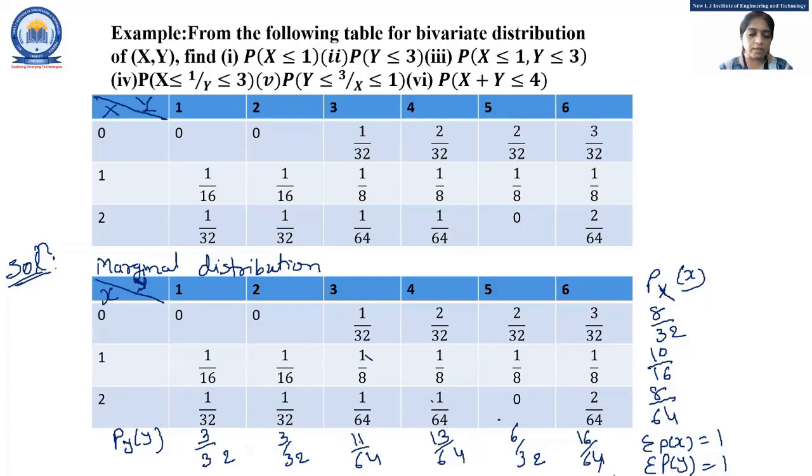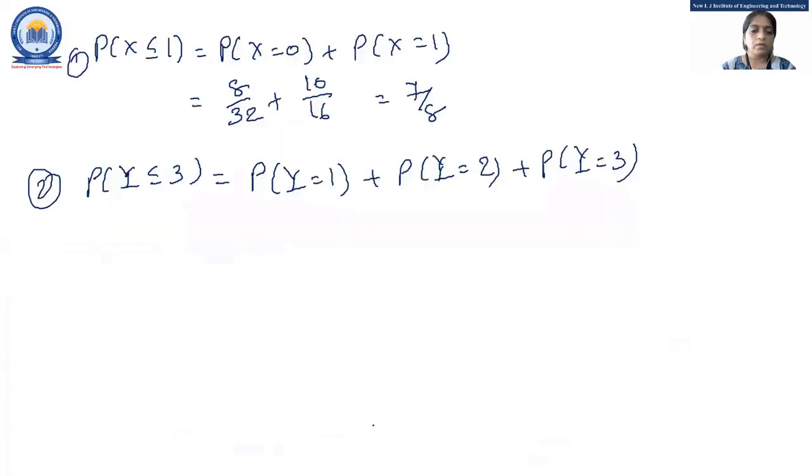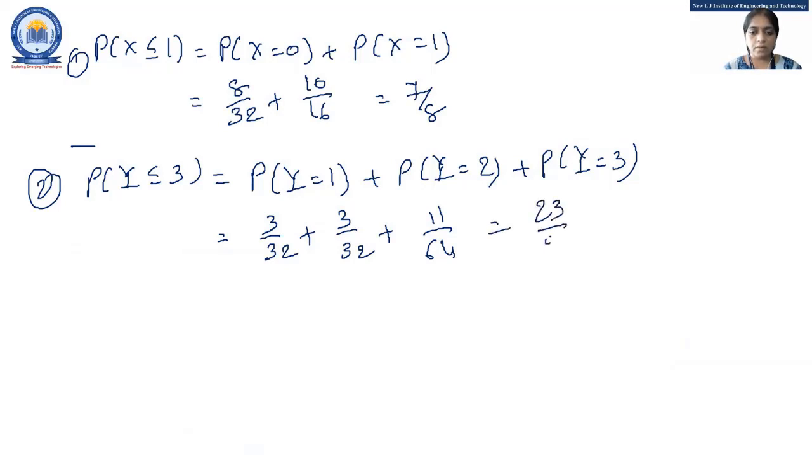And for Y equal to 3, it is 11 by 64. So from that table, 3 by 32 plus 3 by 32 plus 11 by 64. After simplification, if I take the LCM here, 6 plus 6, so 12 plus 11. That is 23 by 64.